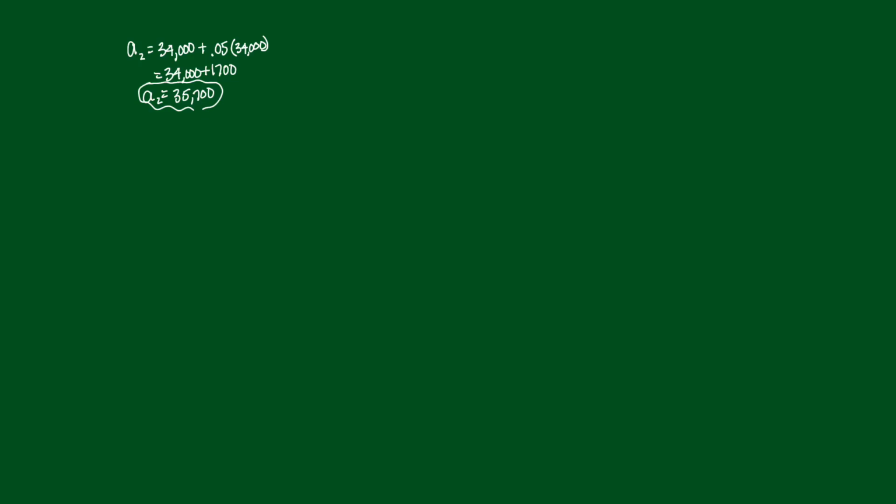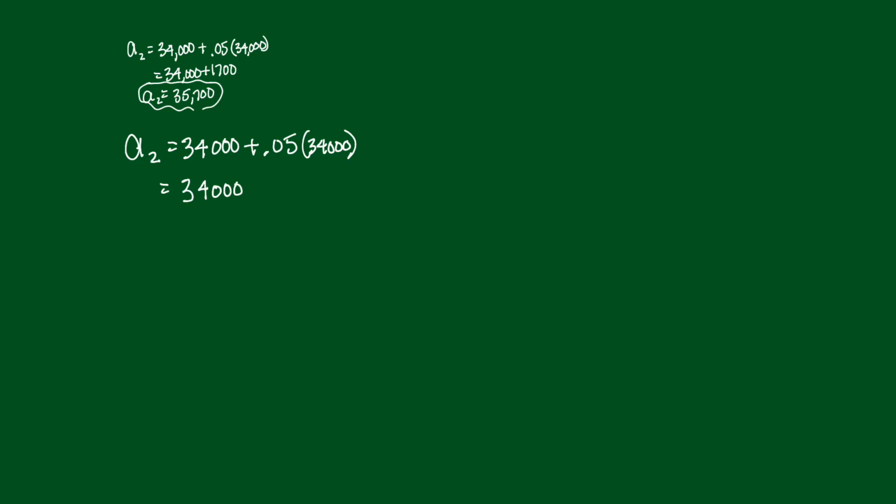So go back to A sub 2. What do we do to get the salary in the second year? We took the salary in the first year and then added 5% of that salary. Now, if I look at this more carefully, A sub 2, I'll rewrite it again bigger. 34,000 plus 0.05 times 34,000. Now, you see that 34,000 is common to both terms, so I'm going to factor it out.